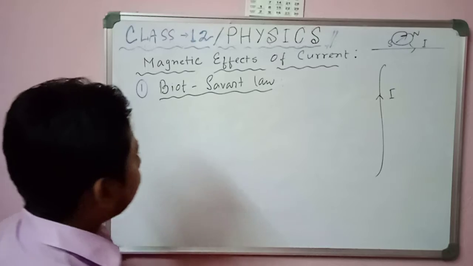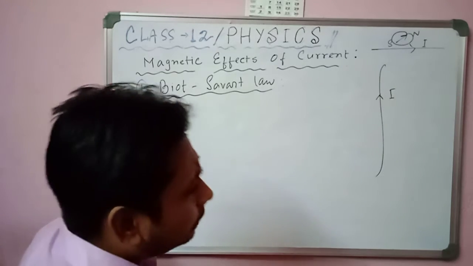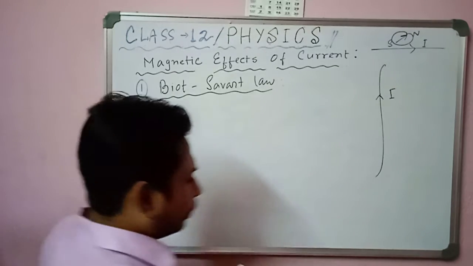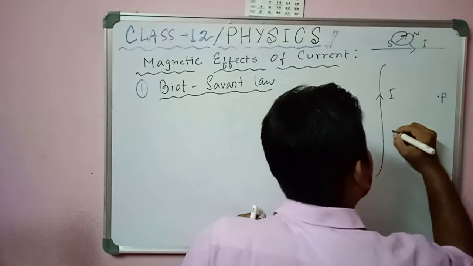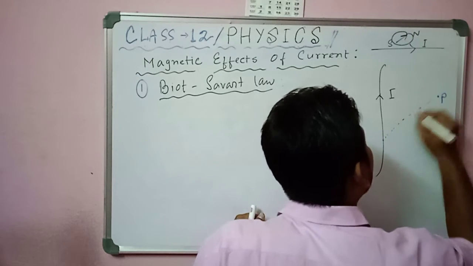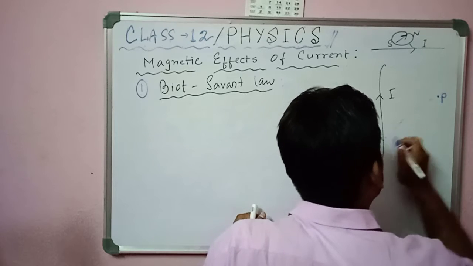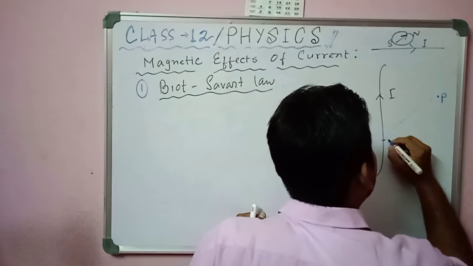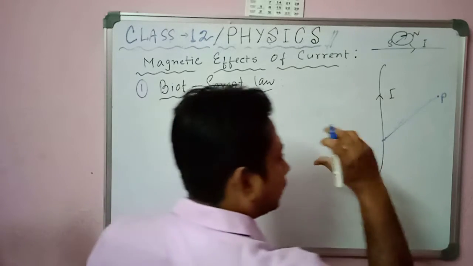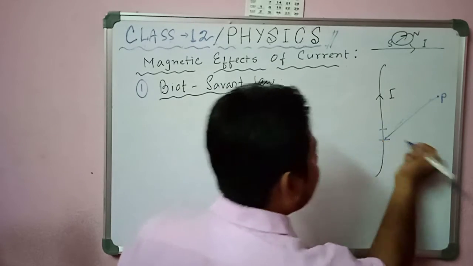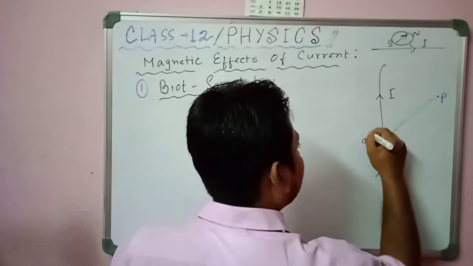So students, for the Biot-Savart law, suppose you want to find the magnetic field at point P here. Suppose the length of the wire is L, and we take a small element dl.